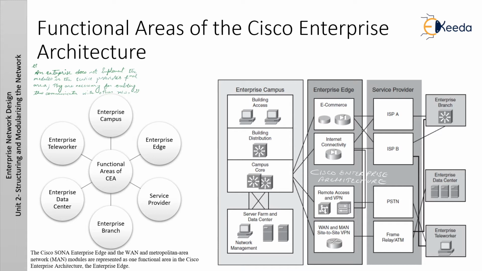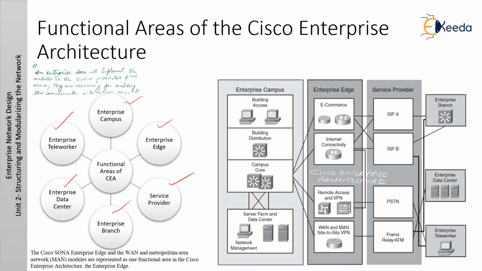The access, distribution, and core layers can appear in any functional area or module of the Cisco Enterprise architecture. The Cisco Enterprise architecture comprises enterprise campus, enterprise edge, service provider, enterprise branches, enterprise data center, and enterprise teleworkers. So this is the diagram of the Cisco Enterprise architecture.